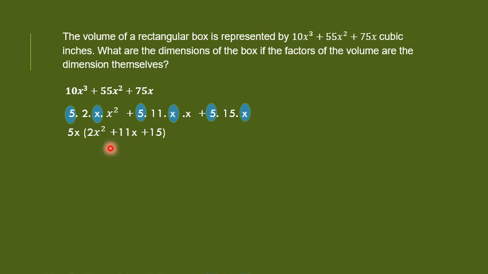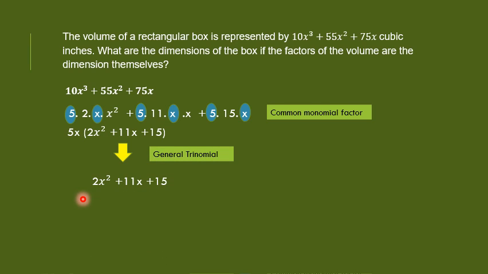Now for 2x squared plus 11x plus 15, we're going to apply the general trinomial where a is greater than 1. It comes out the common monomial factor. That's okay. Now this is the general trinomial where a is greater than 1. Then 2x squared, we have 2x times x, 15, that is 5 times 3.